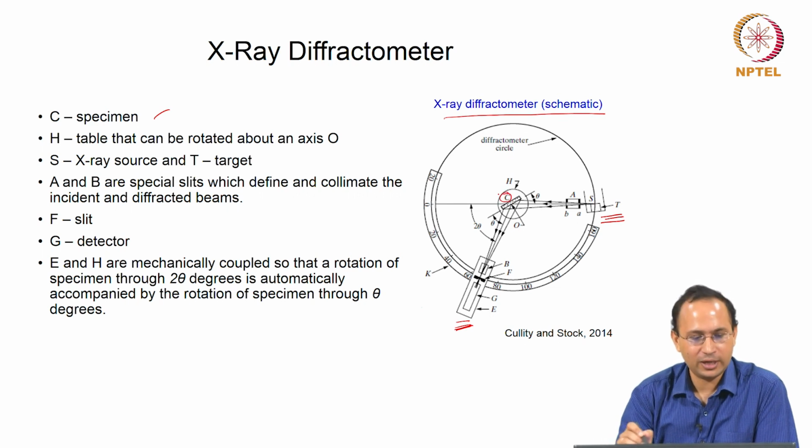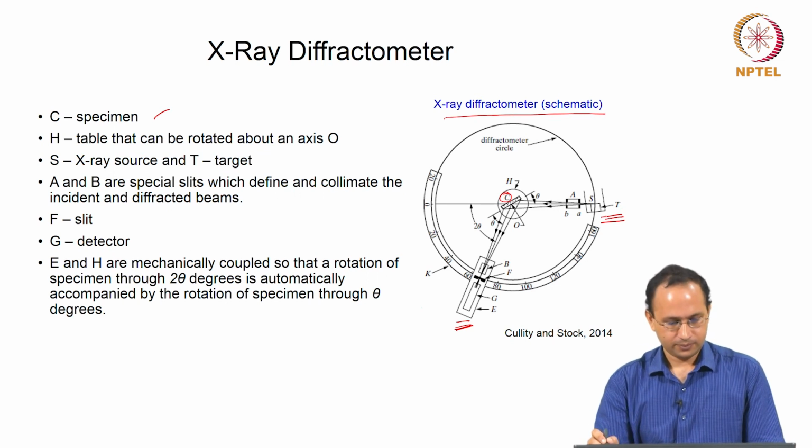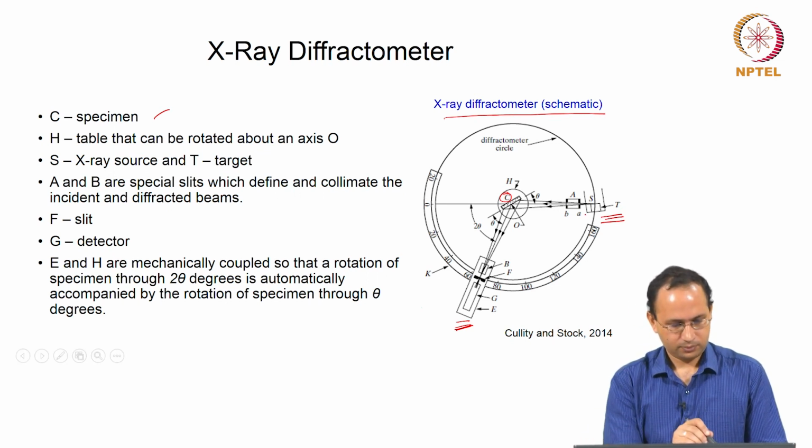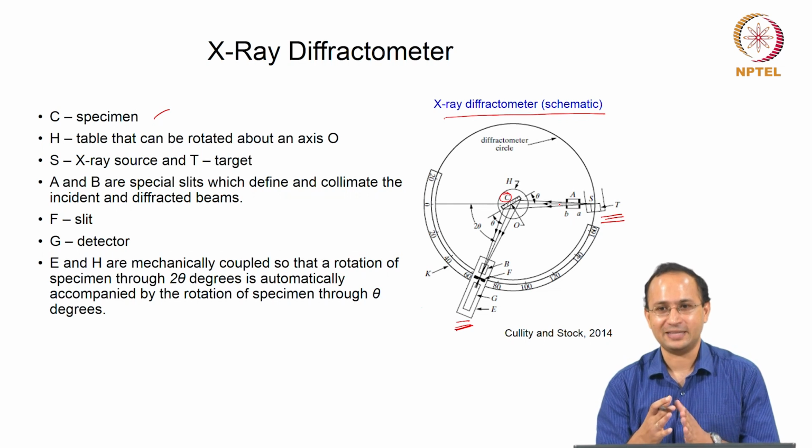You have a table that can rotate, and the X-ray source and target, where T is the target. A and B are slits, the incident beam slits and optics. We are not going into detail, but you can think of it as conditioning the X-rays which are coming out.